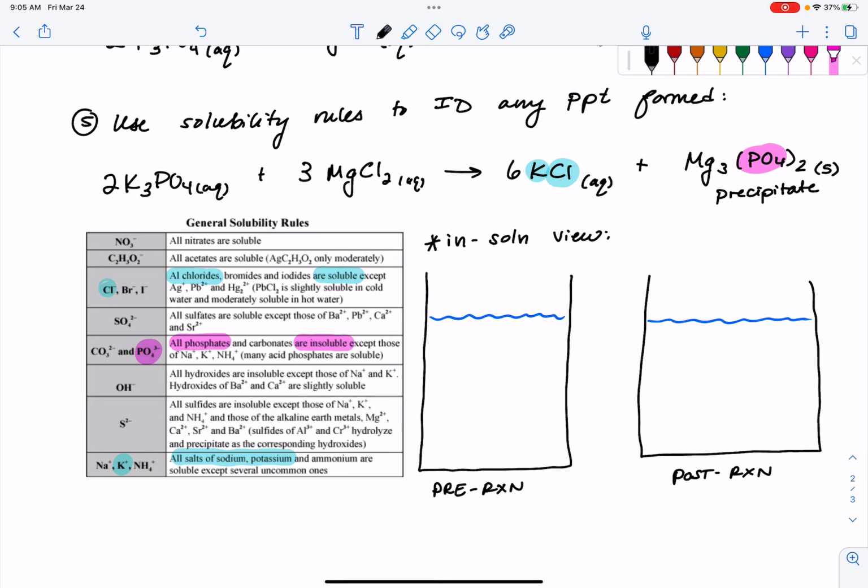All right, let's make sure that we are in our pre-reaction conditions, putting in the proper amount of ions in their correct number of ratios. So if I dissolve 2 units of potassium phosphate, I create 2 times 3 or 6 potassium ions.